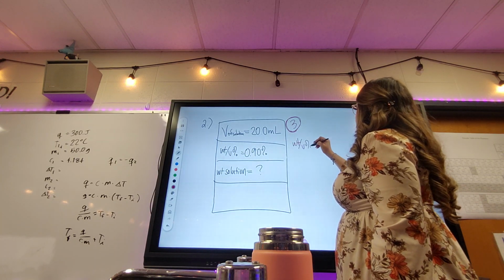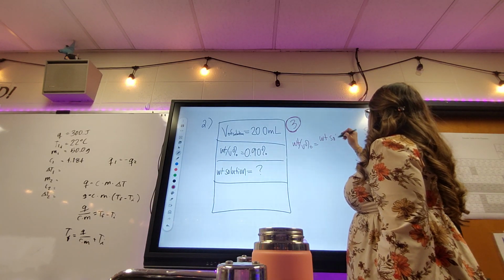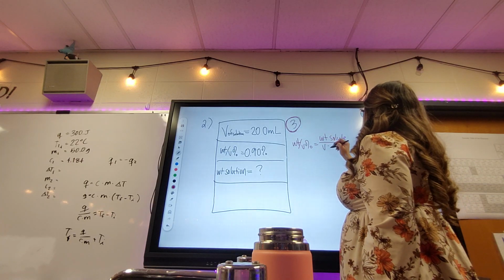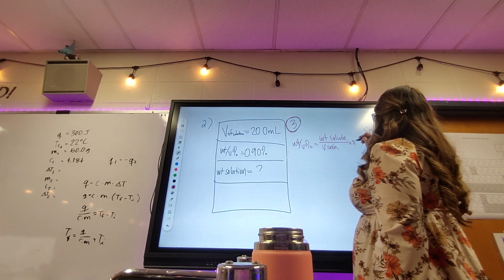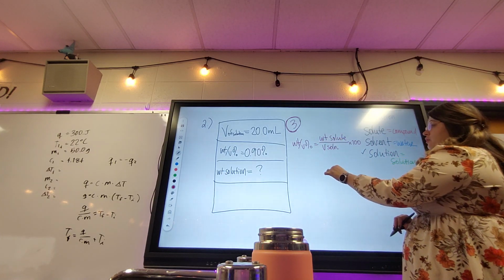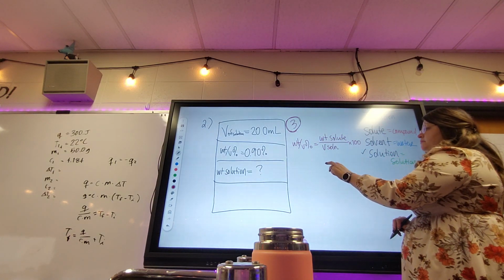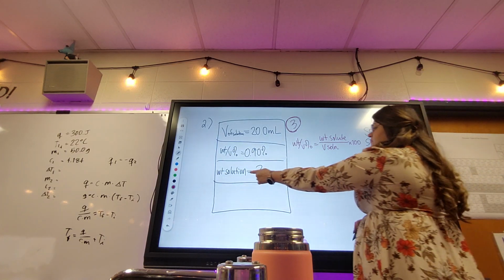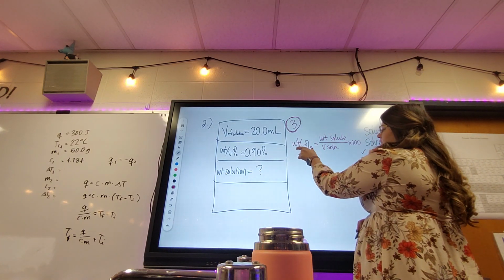WT per V equals weight of solute divided by volume of solution times 100. So in my third step, I don't have weight of solute by itself on the left side.